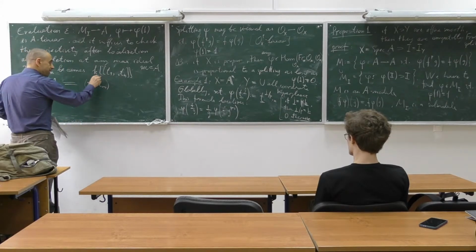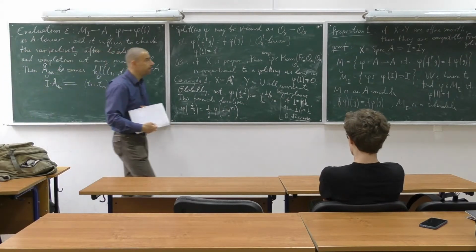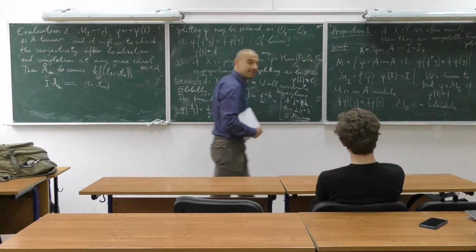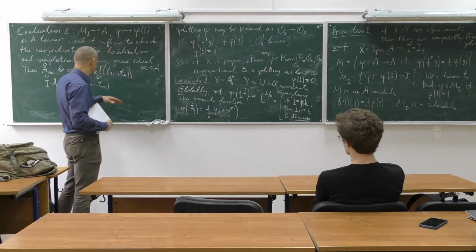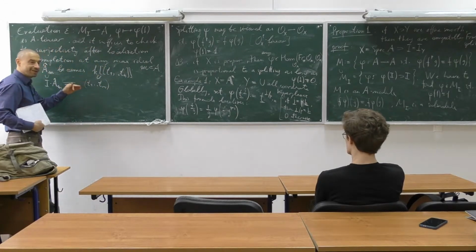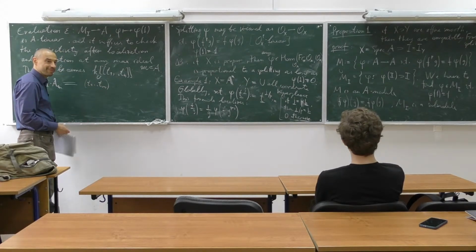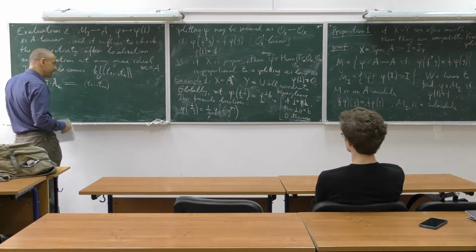Okay? Because we know that Y was smooth, then any smooth affine subvariety in a smooth variety after completion becomes just this. It is given by some linear equations, complete intersection linear equations.